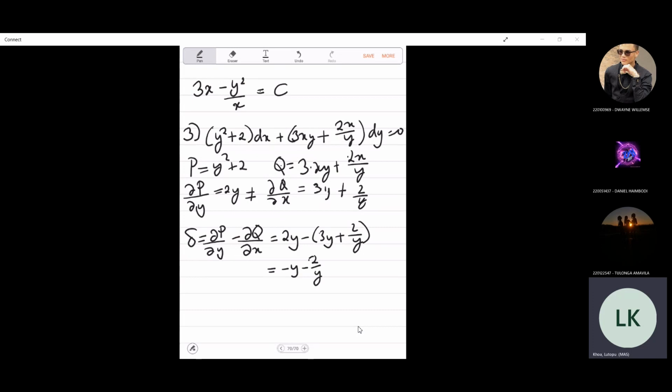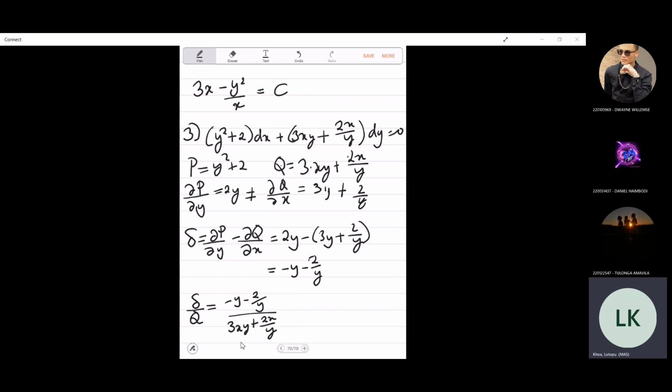Okay, then we say delta divided by q. This is minus y minus 2 over y, divided by 3xy plus 2x over y. Okay, so no matter how we simplify this, I think this will always contain x and y terms.